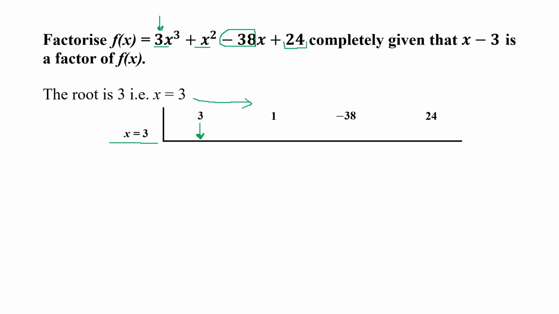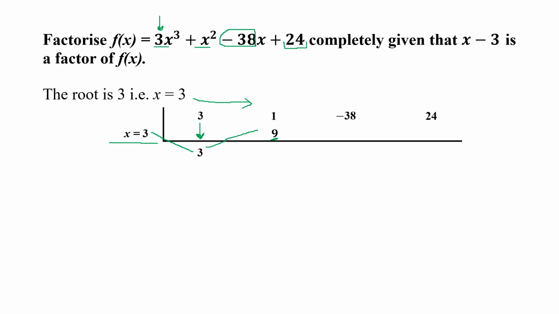So we drop this first coefficient as it is, which is 3. Then to find the next term that we are going to write under 1, we multiply this 3 by this 3 and we get 9.